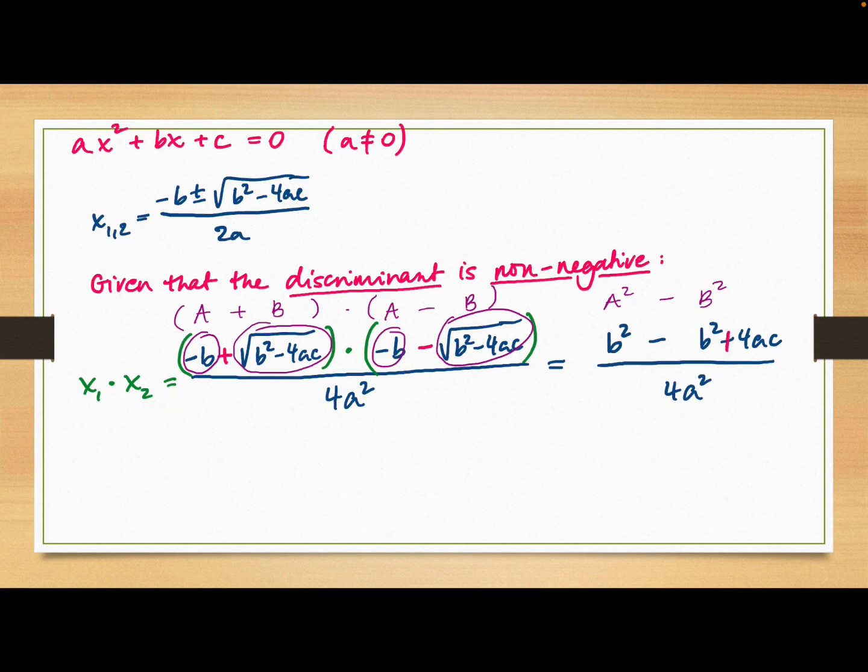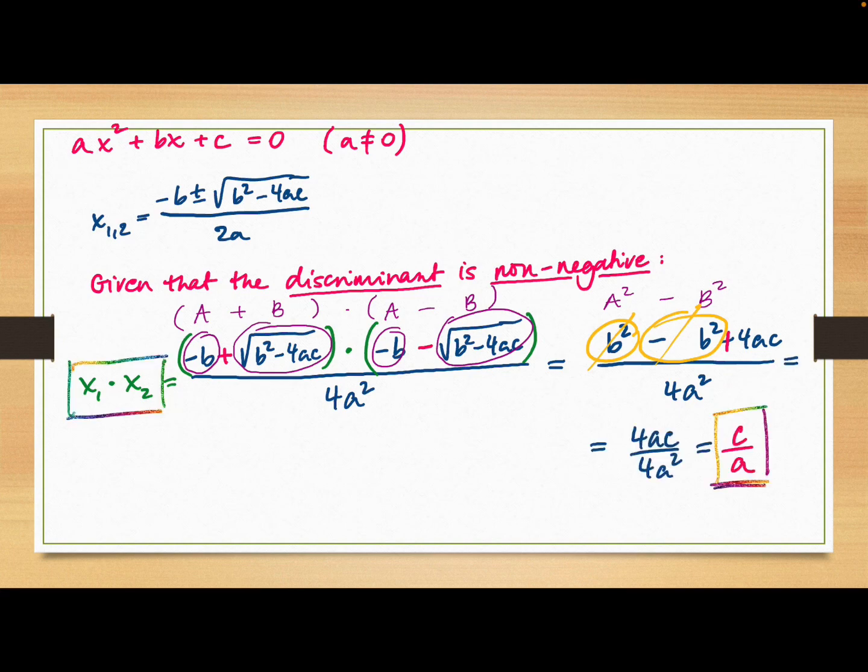If you expand these brackets, then the minus in front of the brackets will change the sign before 4ac into a plus. Then you can cancel the b squares. If you collect them, it's 0. So that equals 4ac over 4a squared, simplifying which you get c over a.